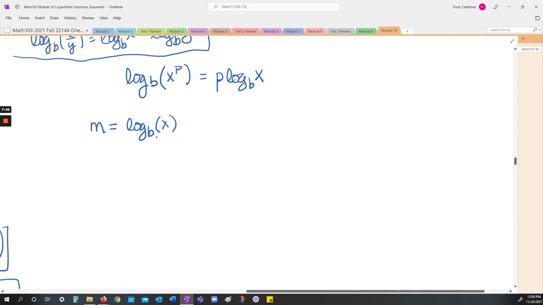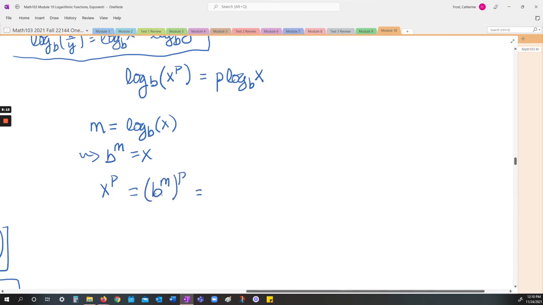Okay, so if we rearrange this like we did up above, then we would have b to the m equals x. So then if we look at just the stuff inside the log, x to the p, we can write x as b to the m. So b to the m to the p.